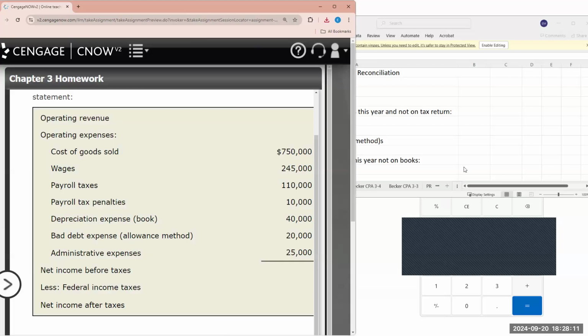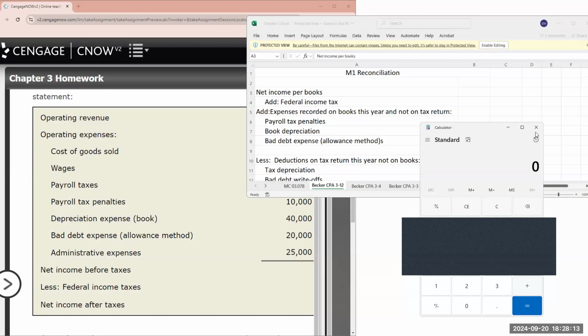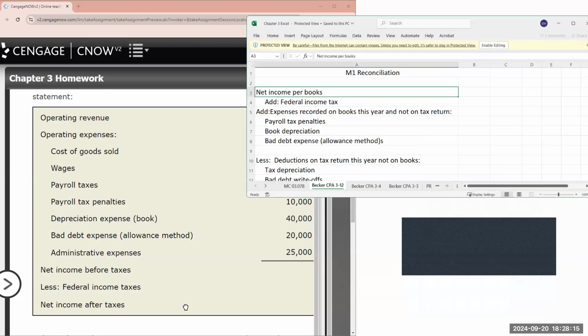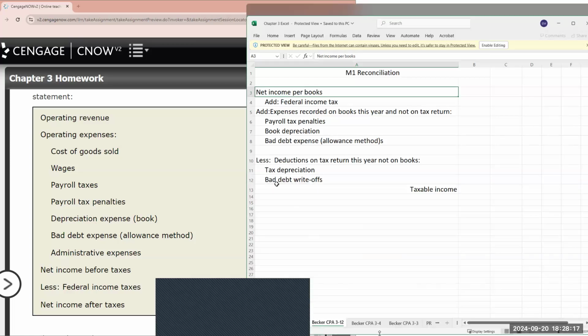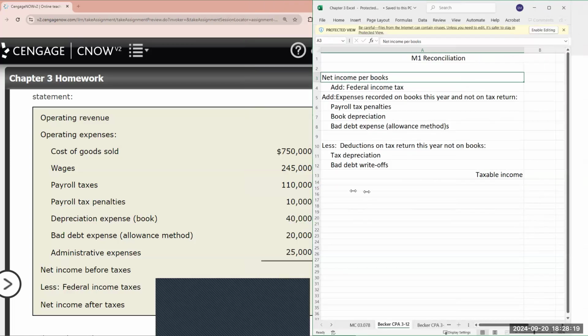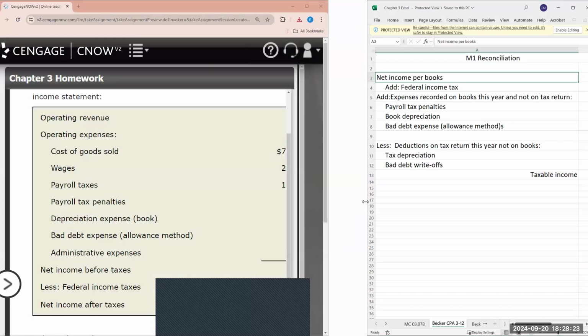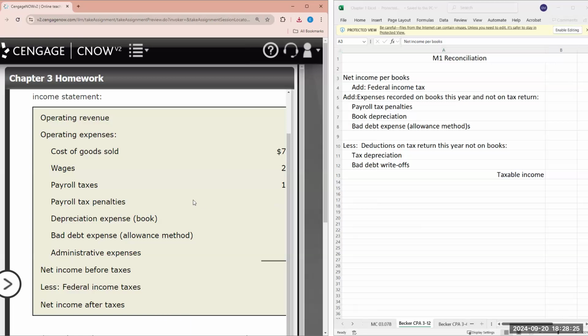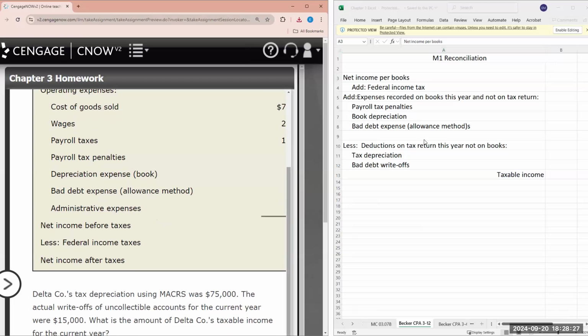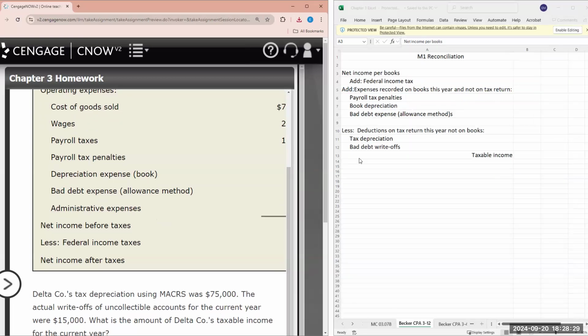All right. So in order for us to calculate, we're going to make this a little smaller.